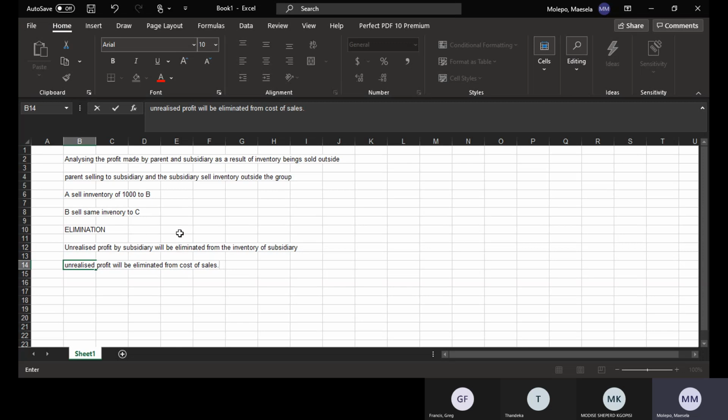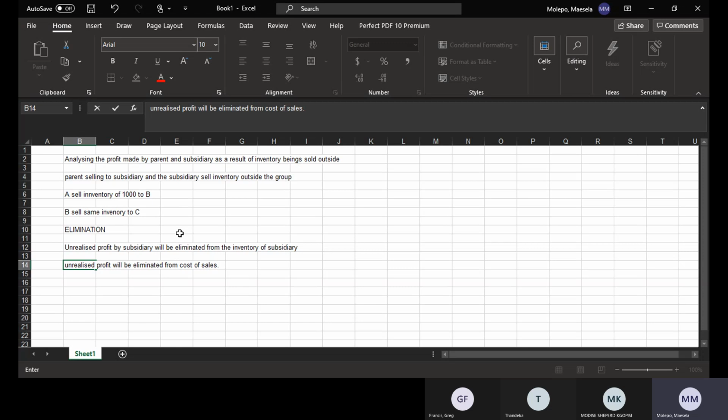So let's have a quick look at our example from the scenario on page 116, where they say, first you have to know who is selling what so that you are able to know which part you are eliminating. We've got an inventory being sold to S Limited. A very important aspect of consolidation is to determine which company is selling the inventory and which company is buying it.